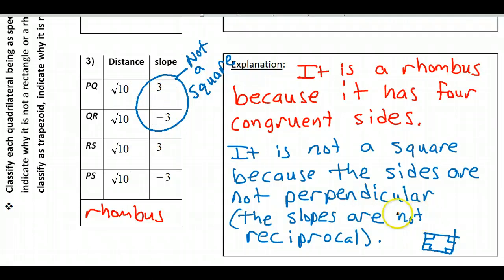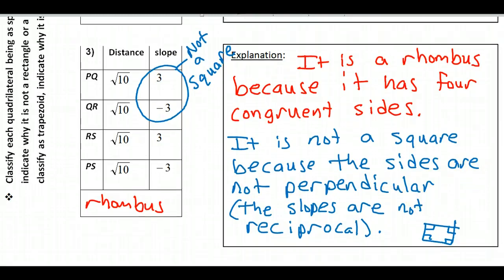But it's your choice if you want to write it out in words or if you want to say what it's not by marking it on your chart. So those are 3 examples of how you would classify a quadrilateral based on the lengths of the sides and the slopes which you are given.